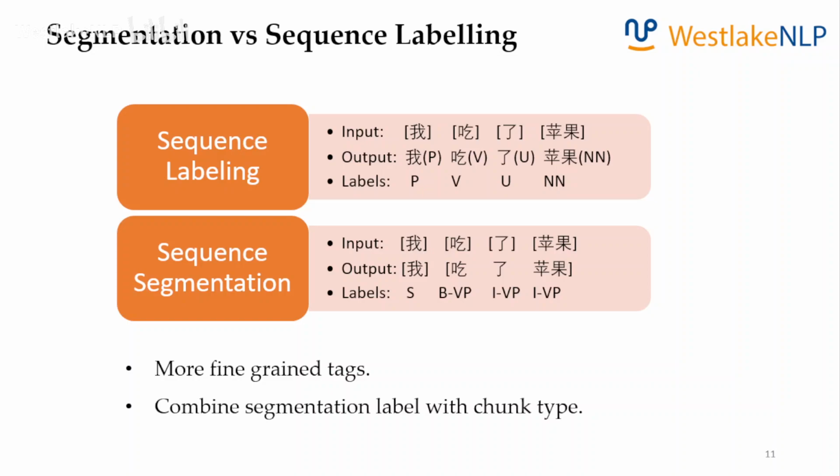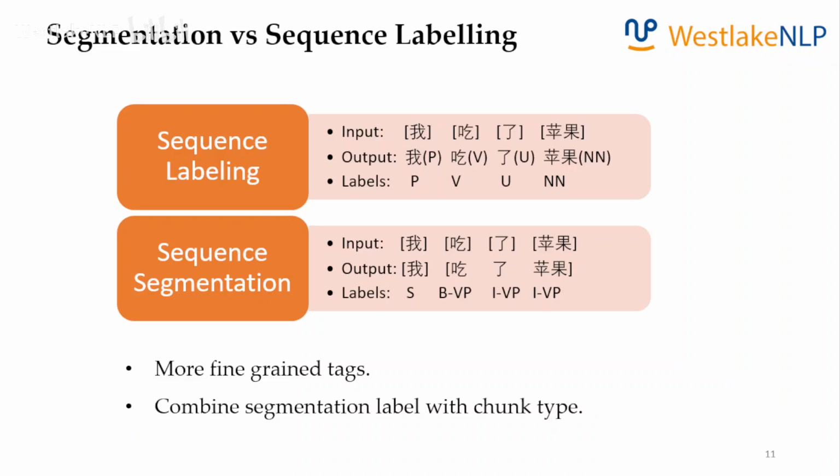So all you need to do is to assign a part of speech label on each input, right, on each word. So the first word is a pronoun, the second word is a verb, the third word is a function word, the last word consisting of 2 characters is a noun.